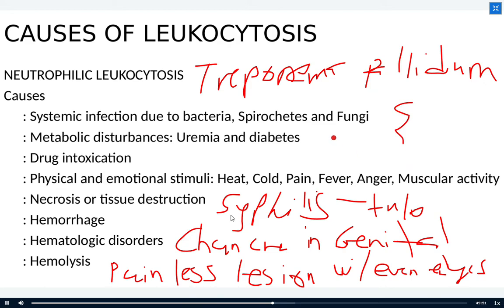How? They would easily detect this and they would try to phagocytize this. Unfortunately, they have what you call axial filaments. Can you tell me, class, what's the purpose of your axial filaments? Any idea? What does axial filaments do?